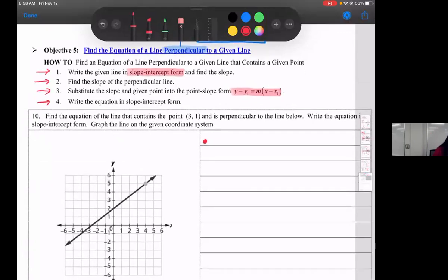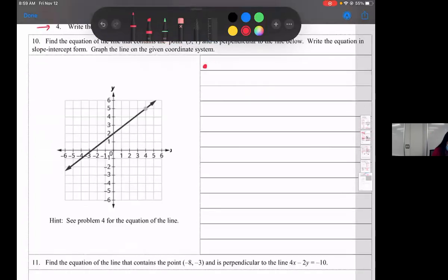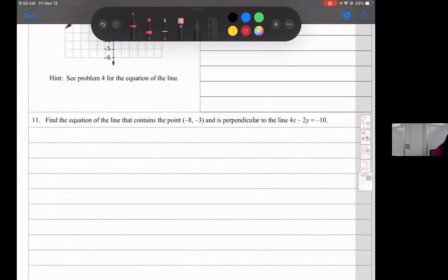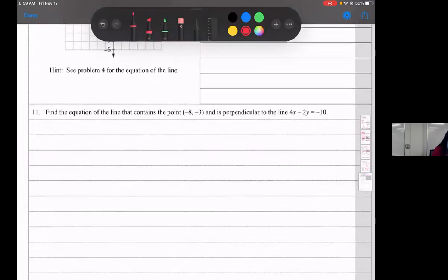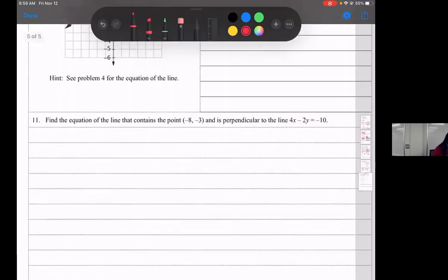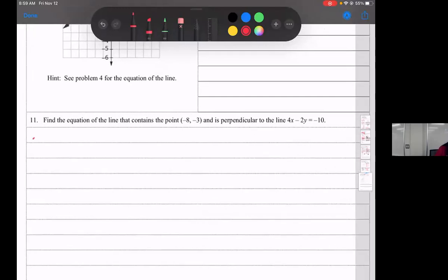So for example, find the equation of a line that contains the point 3, 1. You know, let me do this problem, number 11. Okay, I'm going to do number 11, and then you can go. Find the equation of a line that contains the point -8, -3, and is perpendicular to the given line. The given line is 4x minus 2y equals -10.